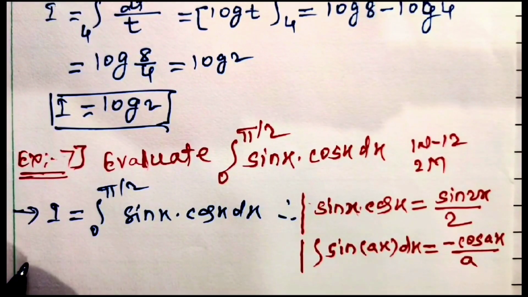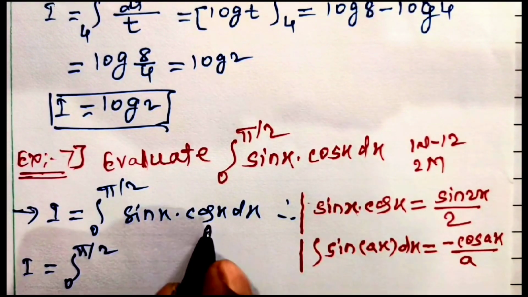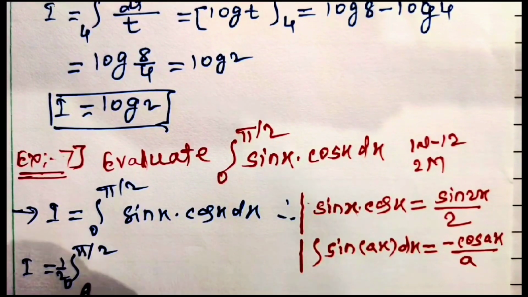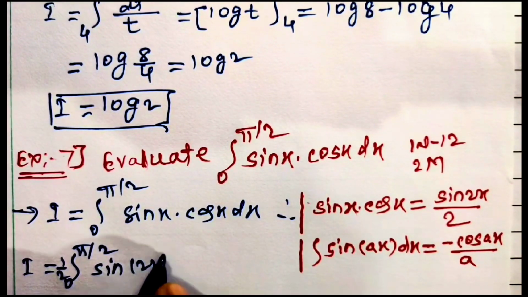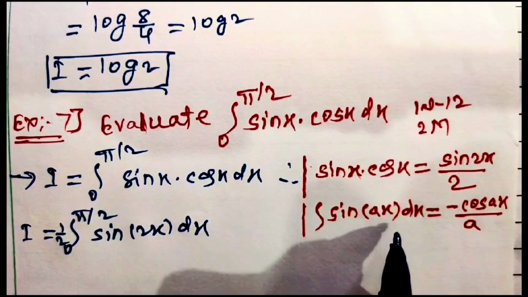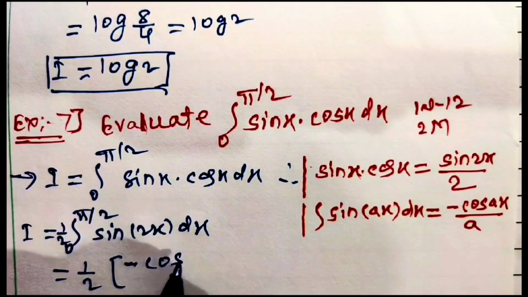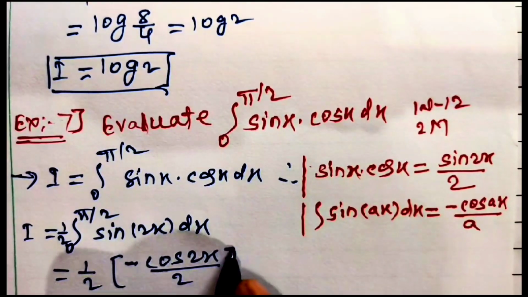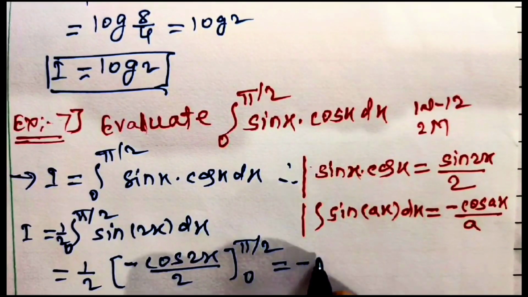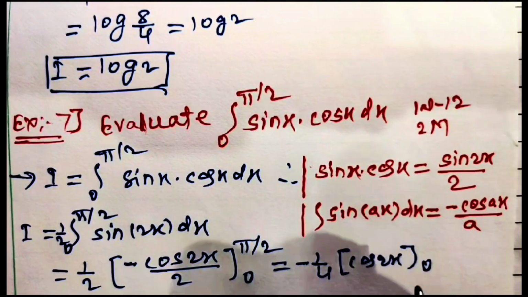Hence I is equal to integral from 0 to pi by 2 of 1 upon 2 sin 2x with respect to x. Now its integral by applying this formula is equal to 1 upon 2 into minus cos 2x divided by 2, limits from 0 to pi by 2. This can be written as minus 1 upon 4 cosine of 2x, limits from 0 to pi by 2.